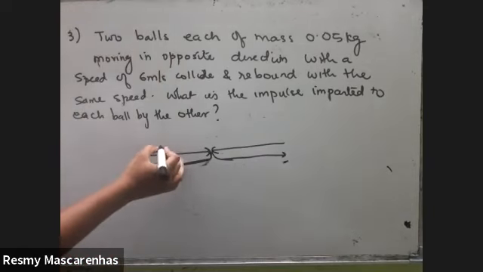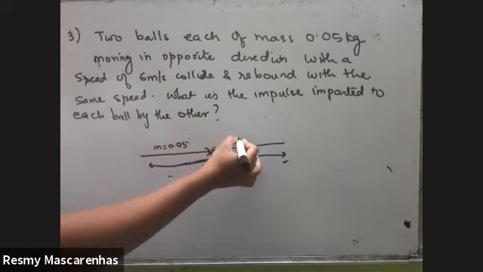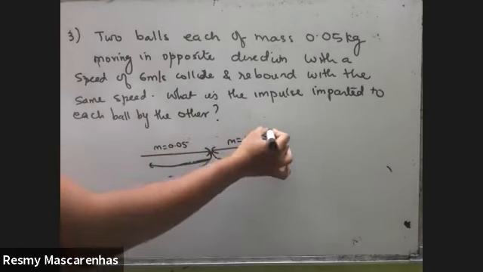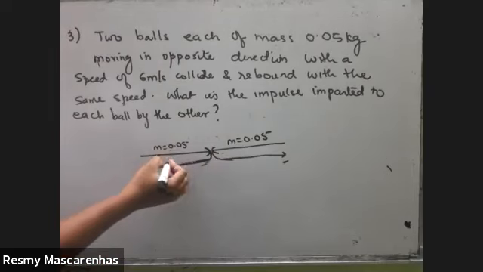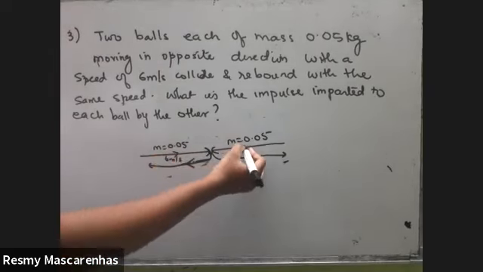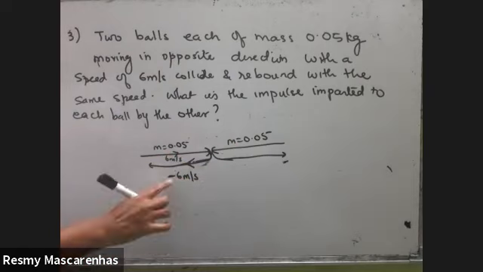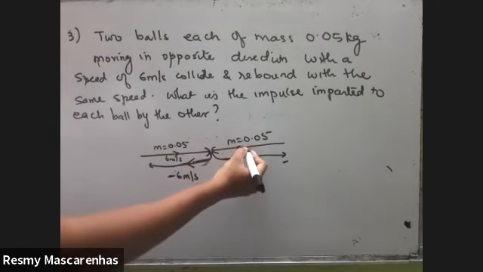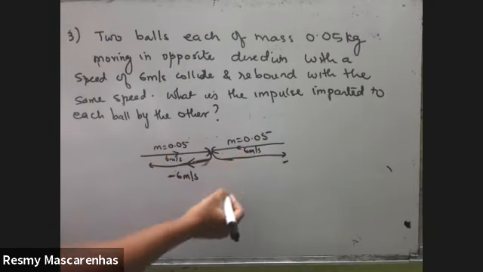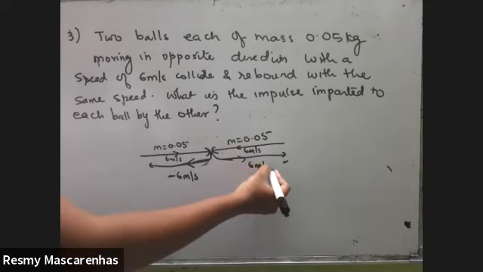So one is of how much? Mass will be 0.05. This is also mass of 0.05, moving with a speed of 6 meters per second, and again going back with 6 meters per second. So we'll take this side as minus. Again, this fellow is coming at 6 meters per second, going back at 6 meters per second.